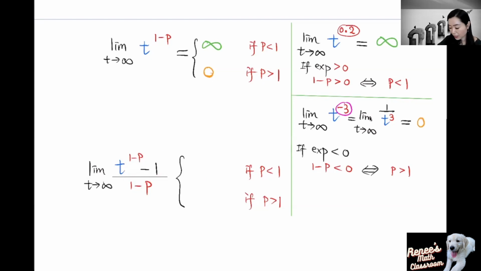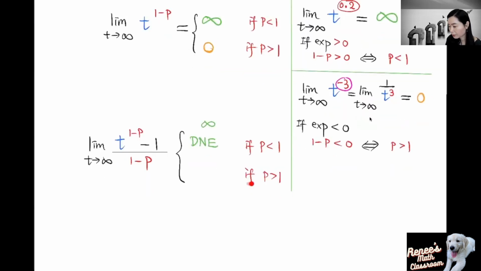Or you can put down does not exist, because this limit does not exist. Or you can put down infinity. If p is greater than 1, then this part is going to go to 0. So what does this limit become? It's going to become 1 over p minus 1, because this is 0. Negative 1 over 1 minus p is equivalent to 1 over p minus 1.